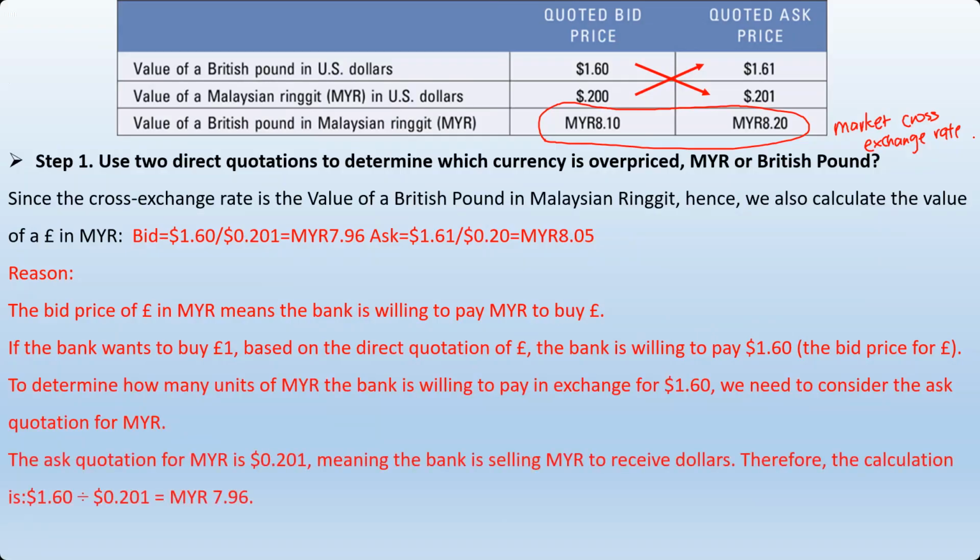The ask quote for Malaysia ringgit is 0.201, meaning that the bank is selling Malaysia ringgit to receive US dollars, then selling dollars for British pound. So the calculation is 1.6 divided by the ask rate of Malaysia ringgit. The bid of the cross exchange rate is 7.96, and the bank is willing to buy 1 British pound using 7.96 Malaysia ringgit.